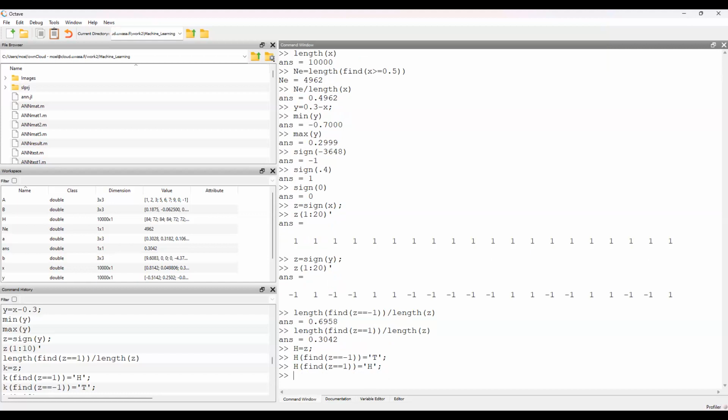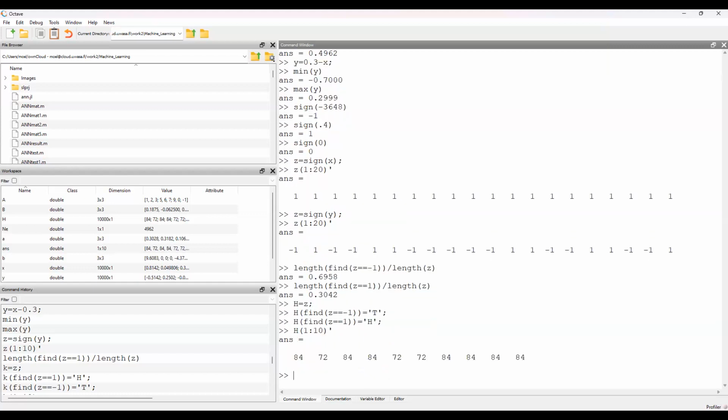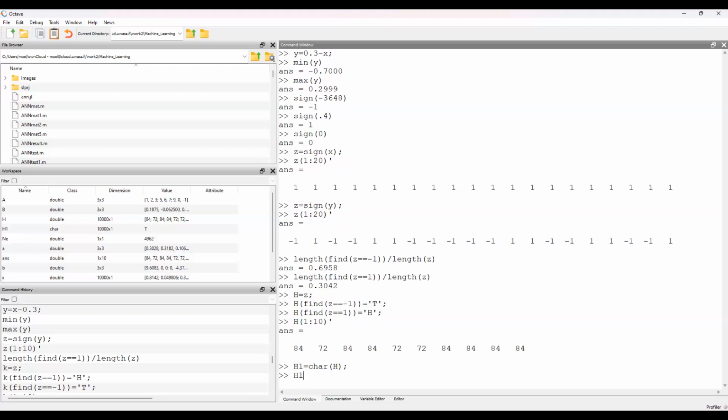Okay, so now H contains tails and heads. So if you write, for example, H as a character, you will find ASCII codes, like 84. If you want to see them as characters, I can call them H1 equal to character of H. So I can convert them into characters, and now H1, the first 20 elements, maybe I would put them as a row.